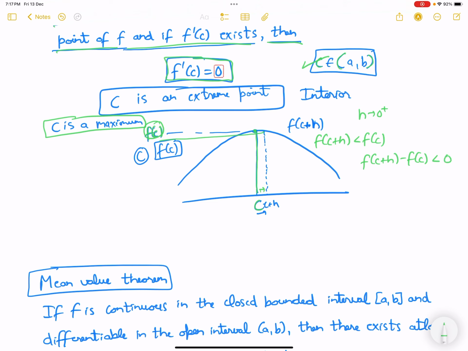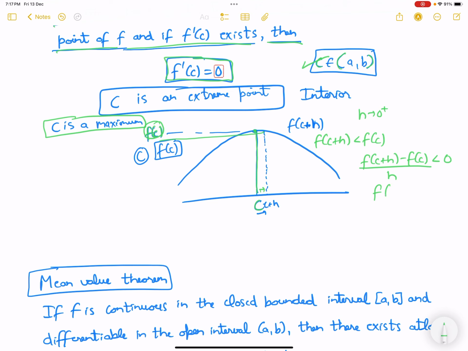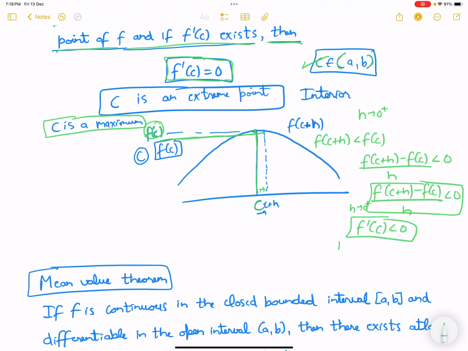And if we divide it by h, we get the slope only, or the Newton's coefficient. So what we have is f of c plus h, this image, minus f of c, which is the maximum image, by h should be less than 0. Now, as h approaches 0 plus, because h is very close to 0 from the positive side, this value would be less than 0 for h close to 0 from the positive side.